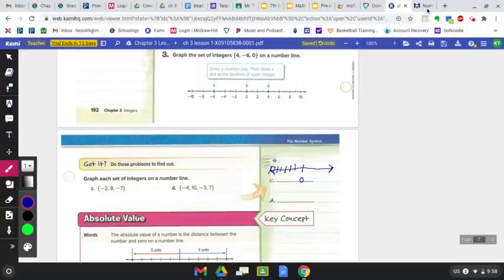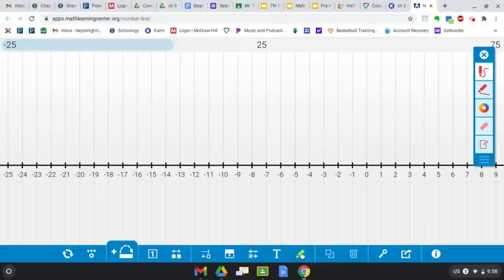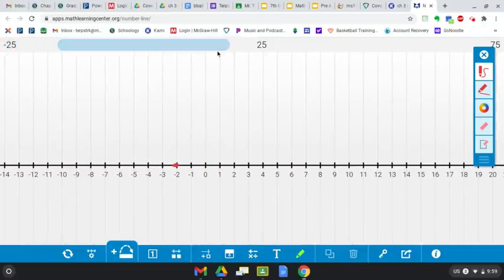So what I'm going to do is go to my number line here, and down at the bottom, it'll give me this drawing tool. And I can just plot these on here. So -2, I'm going to slide this over a little bit, +8, and -7.